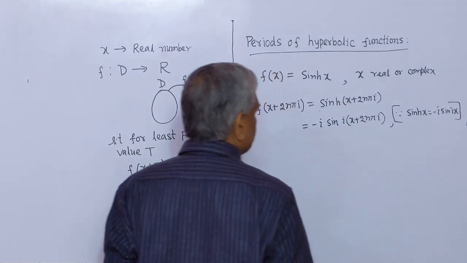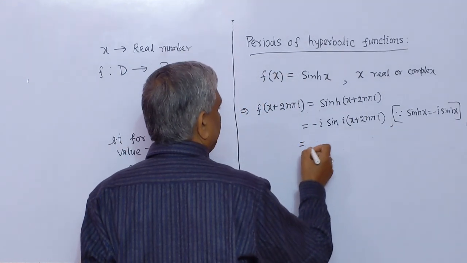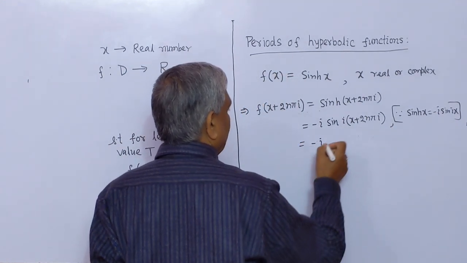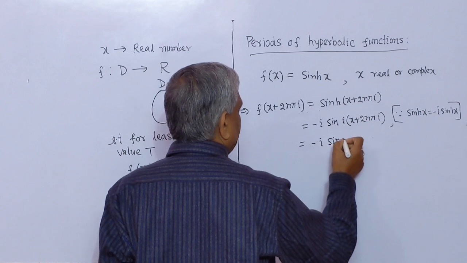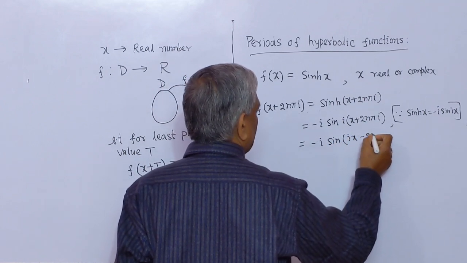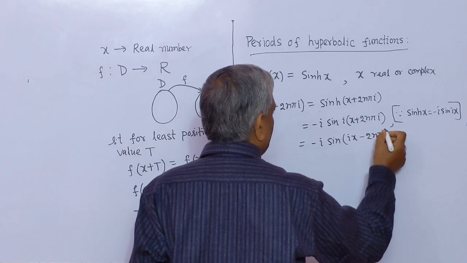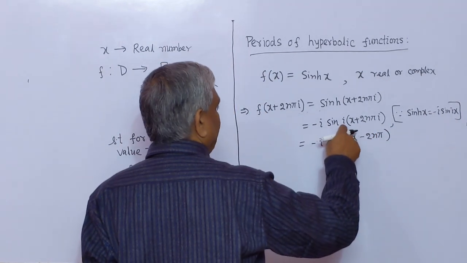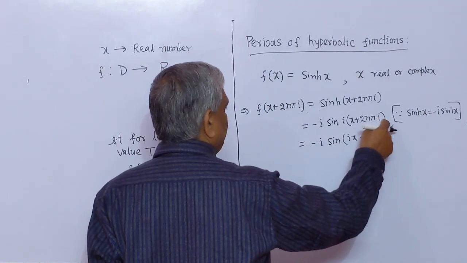It is a known thing, and this will be equal to minus i sin(ix minus 2n pi). Here I multiply, i square is minus 1.